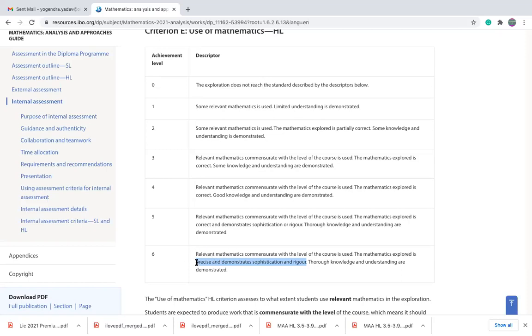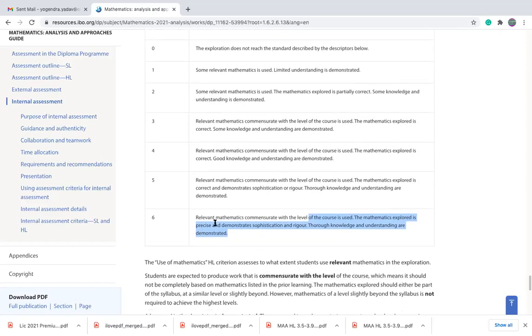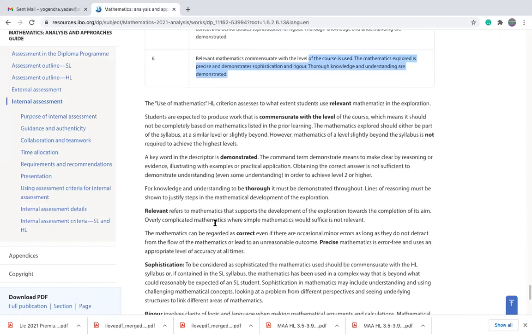Unnecessary stuff you don't use, and it is correct. It is logical and easy to follow in terms of understanding, and thorough understanding is demonstrated. So you got to show your understanding, and that's what happens if you use the bigger topics. If you use the challenging topics, sometimes it is very difficult to demonstrate the understanding.